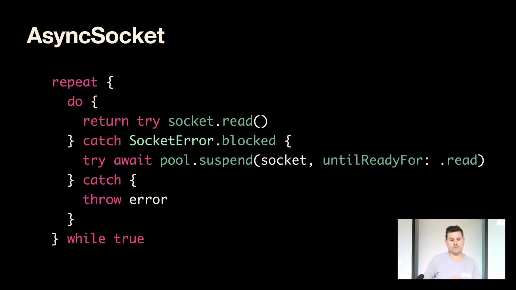So the socket here, we try and read from the socket. There's no data there. It throws an error, we catch the blocked error, and we tell the pool, now suspend us until there is something to read. When there is something ready to read, the pool resumes the task, it reads from the socket again, and it continues.